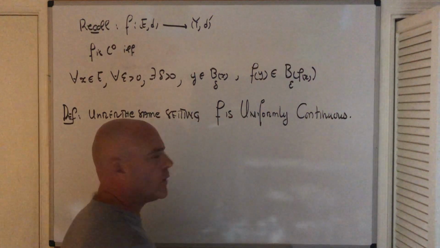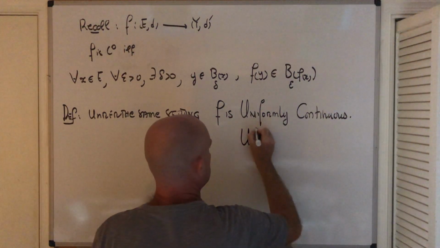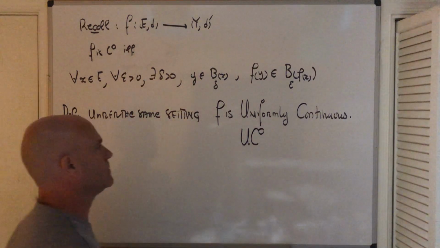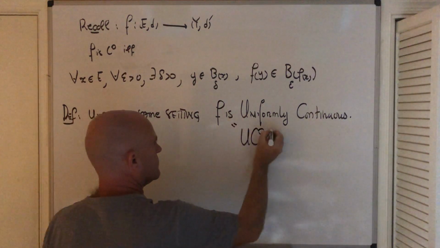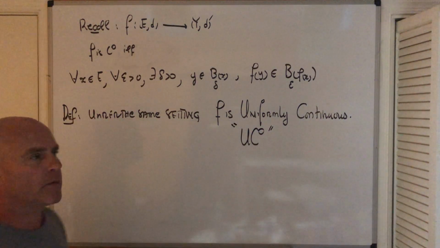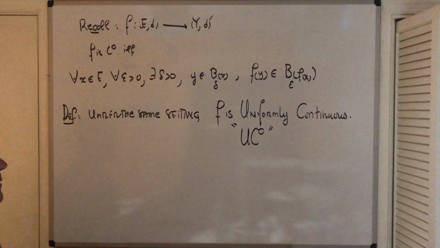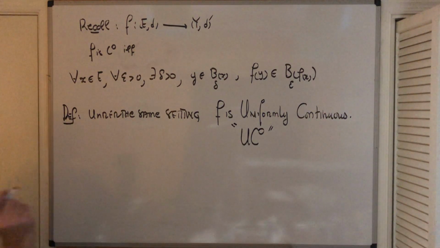And I will use the following shortcut, UC. I'm not saying it's universal, but this is the one I like because it's a few words. If the following things hold.